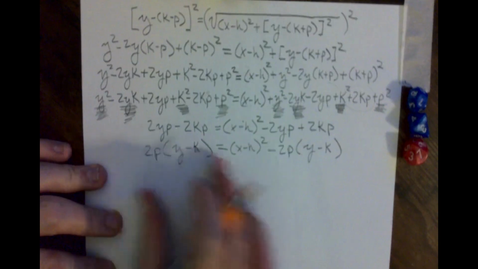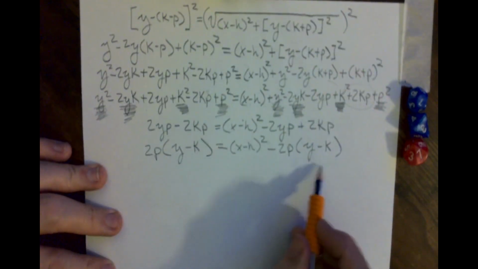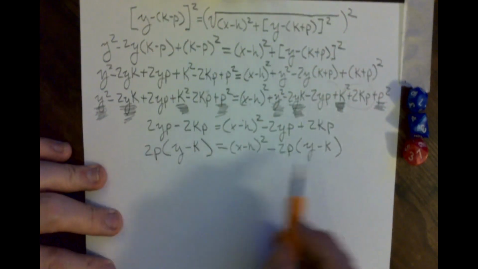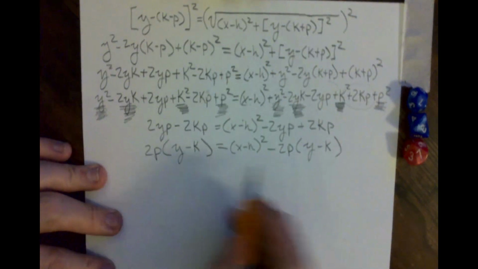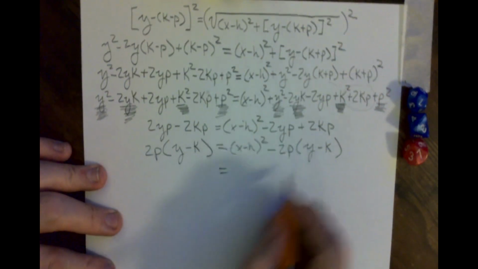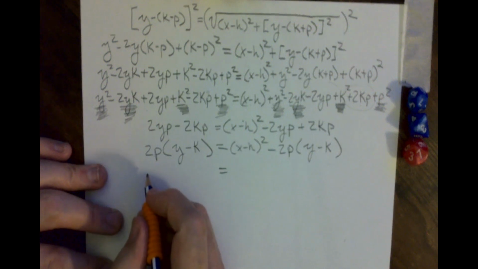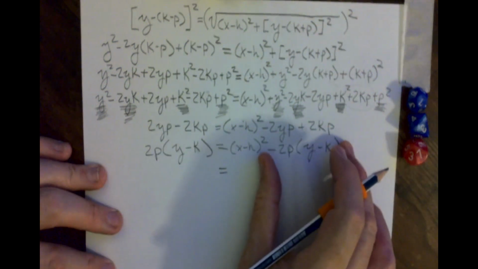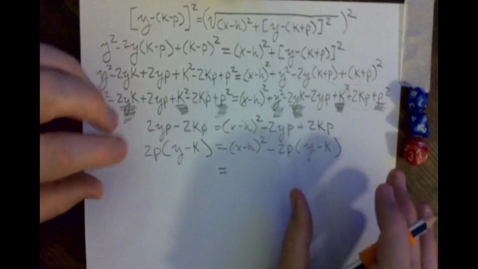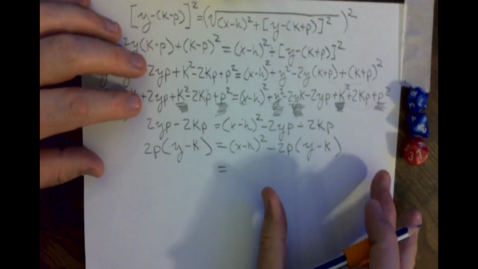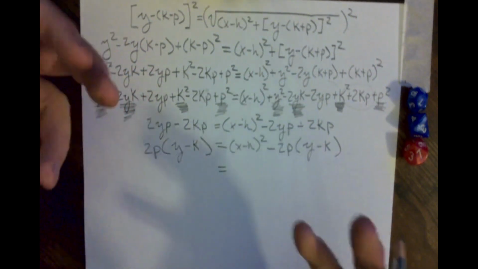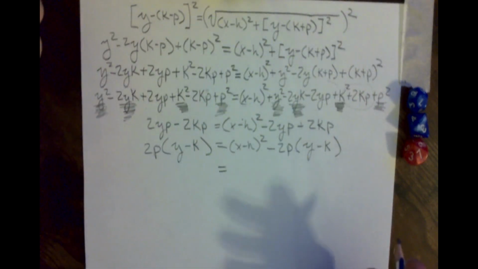We have 4p now. This thing right here, we're going to add to this side. We're going to bring this over here. Algebra is just moving these things back and forth. So you can think of it as adding opposites and having the additive identities do the cleanup for you.